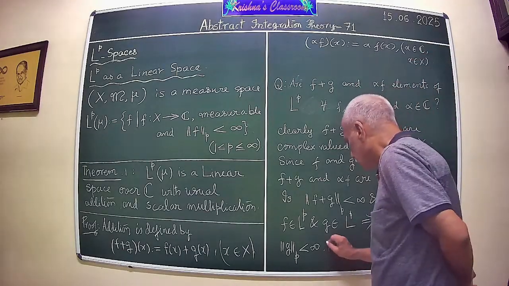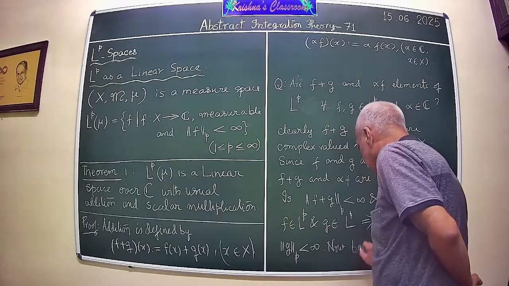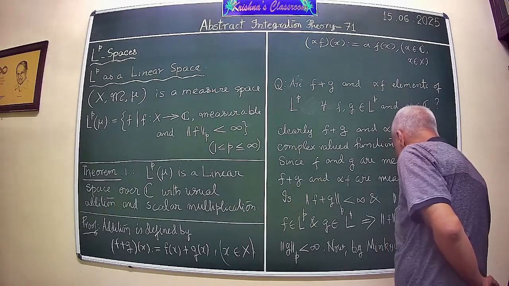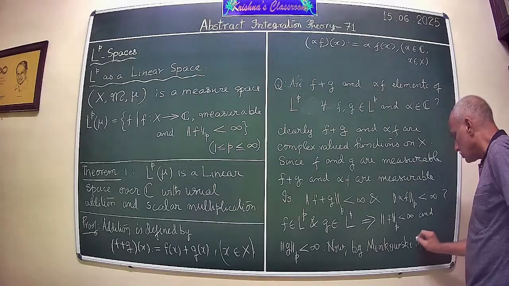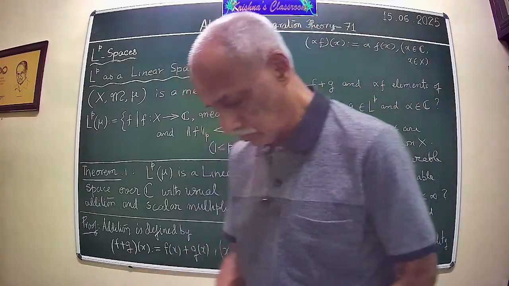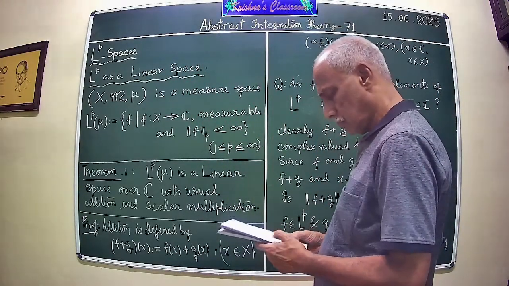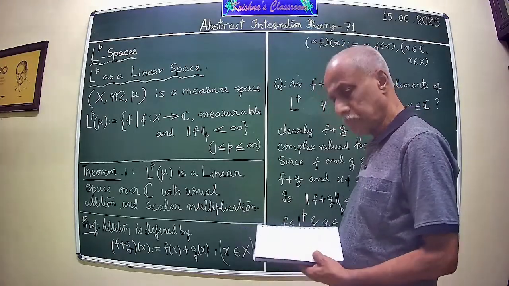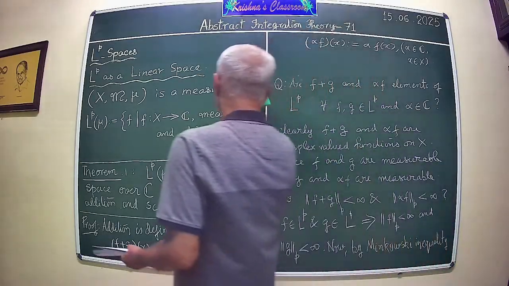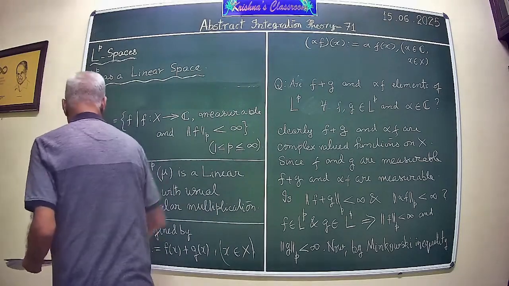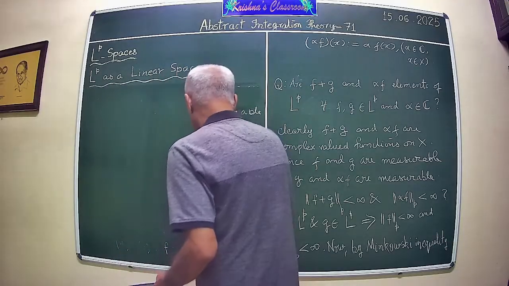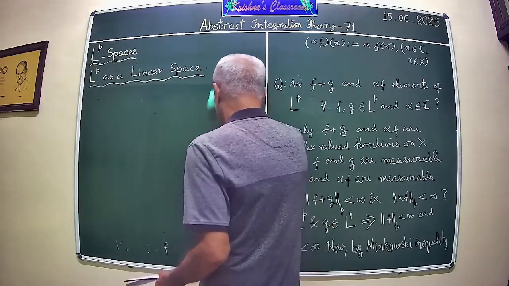Now, by the Minkowski inequality, the norm of f plus g is less than or equal to the norm of f plus the norm of g, which is finite. Okay, so that's straightforward.